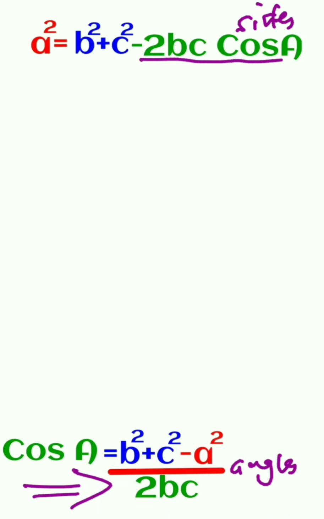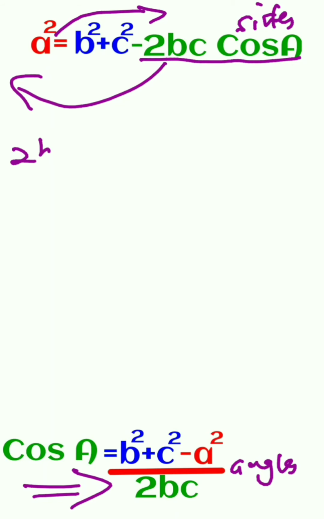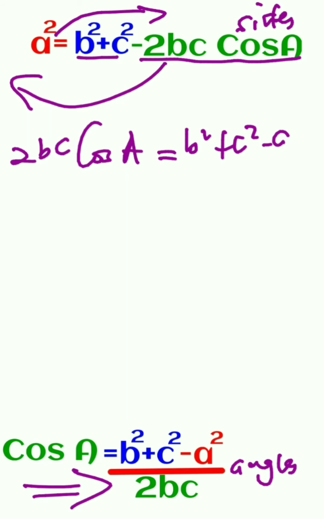This part, 2bc cos A, should cross the equal sign going the other side. A squared should also cross the equal sign going the other side. So this becomes 2bc cos A equals to b squared plus c squared minus a squared.